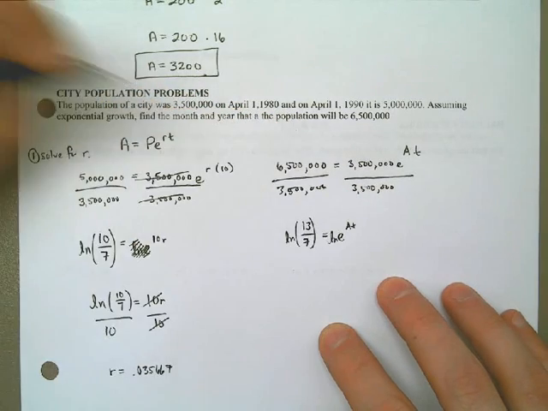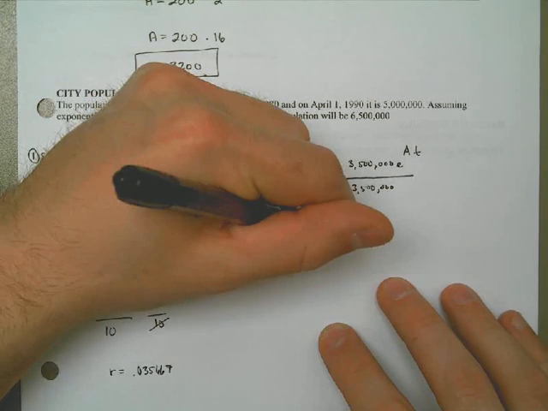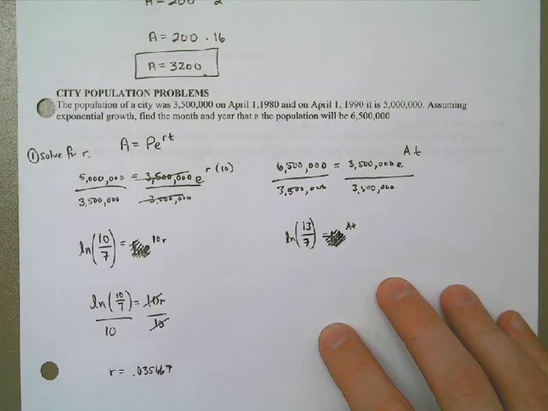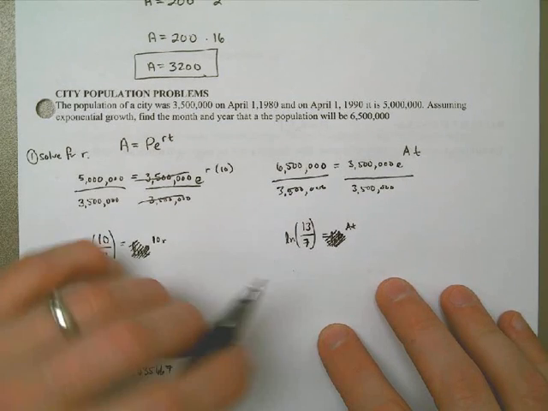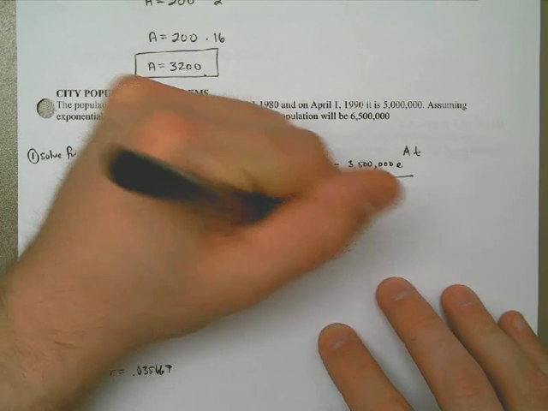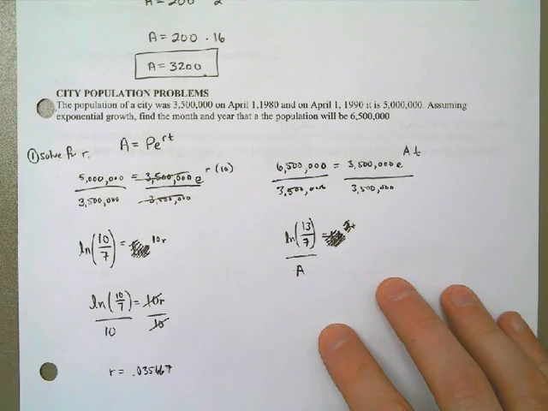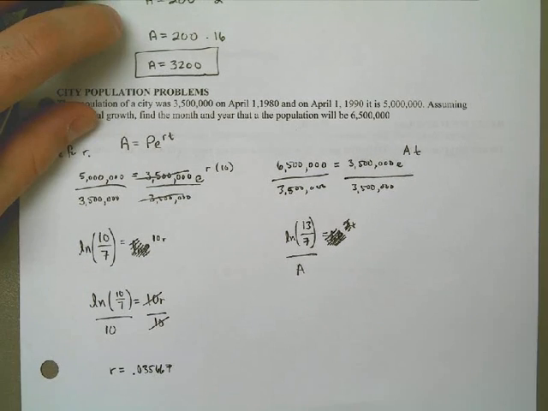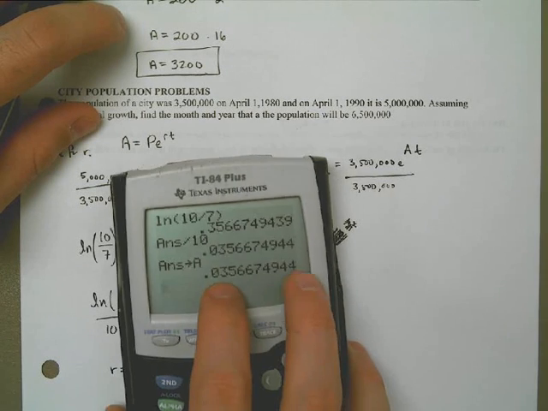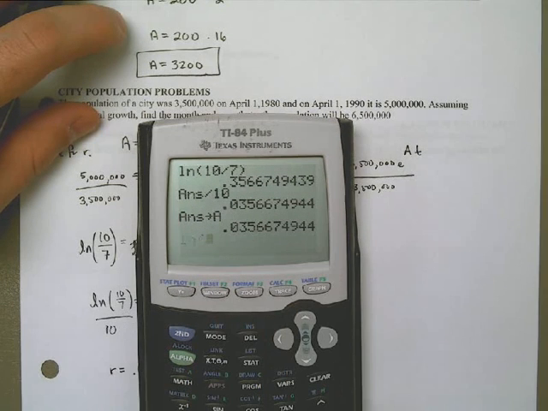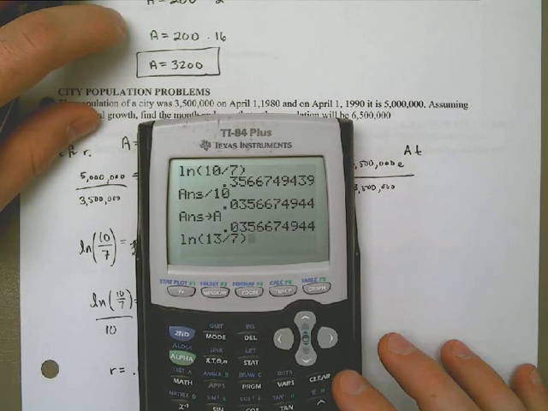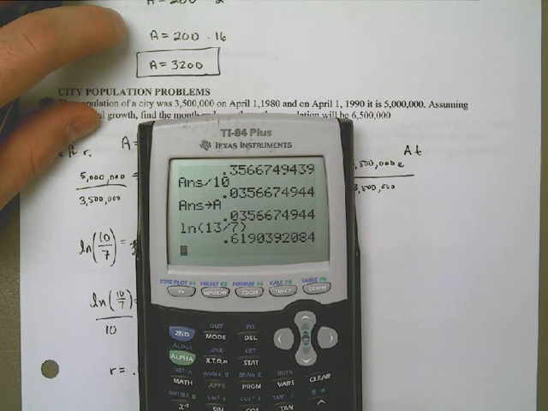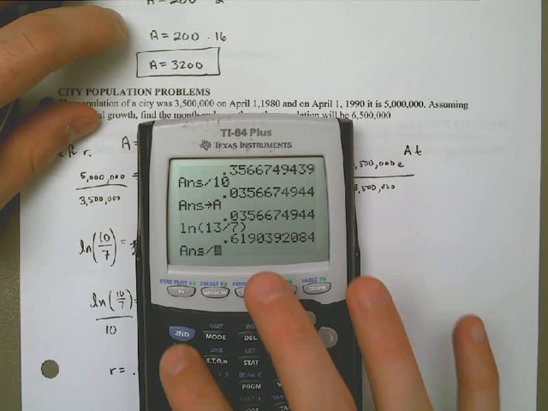So to get the time by itself, I need to take the natural log of 13 sevenths, and I need to divide by that A value. t is going to be equal to natural log of 13 sevenths divided by my stored A value. So here we go. Natural log of 13 sevenths is this. I divide it by the 0.035, which is dividing it by the A value that I've stored in my calculator. It turns out it's 17.3558 years.